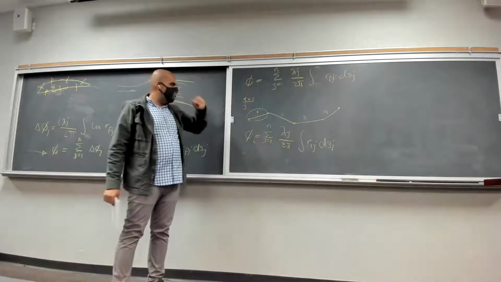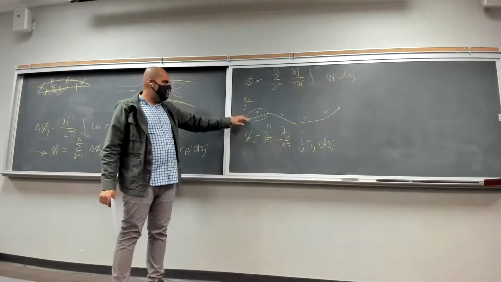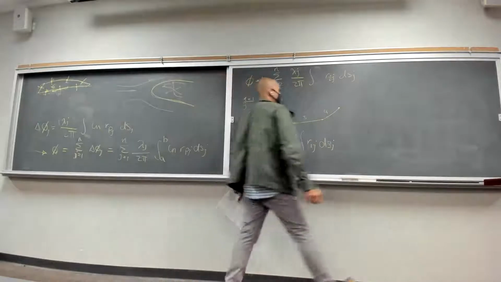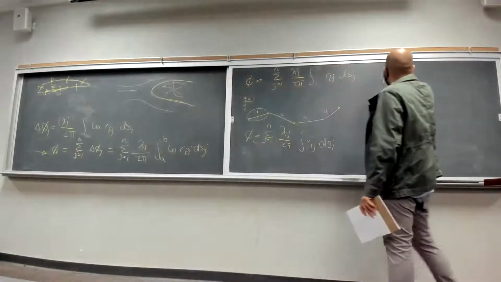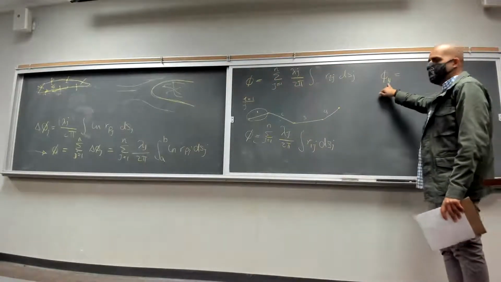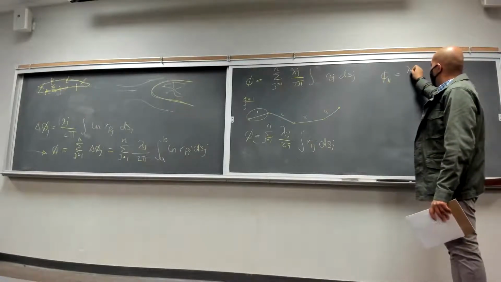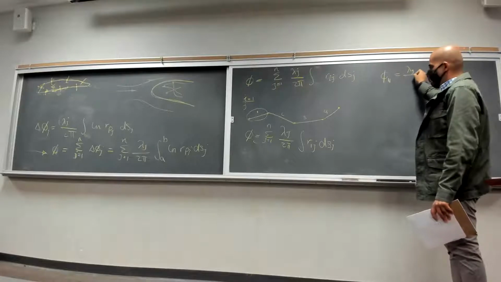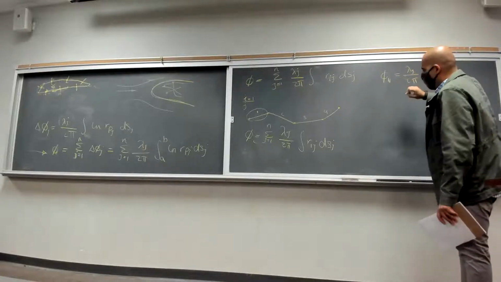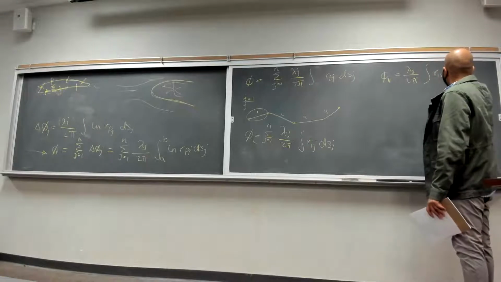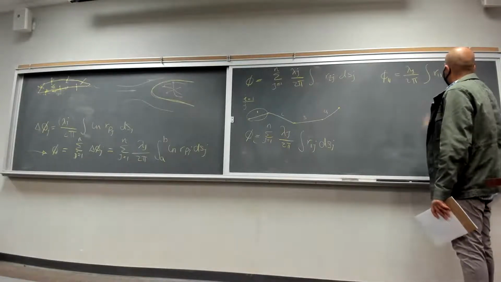That's your first step. Then j is going to change from 1 to 4. So phi induced by 1 on 1 is going to be lambda 1 over 2 pi, integral of r11 ds1.